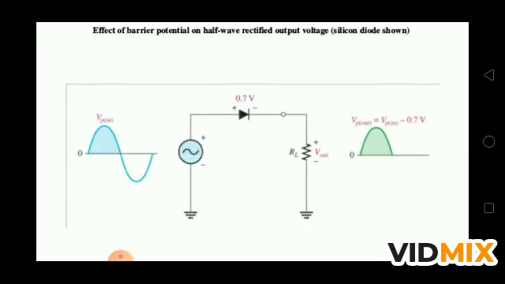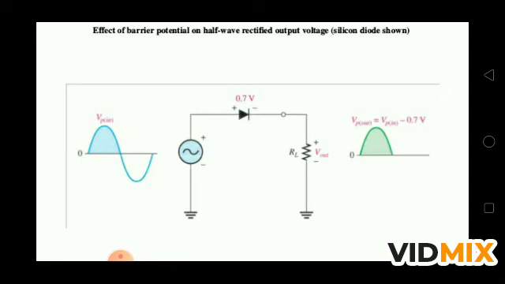So what happened in this half wave rectifier? If you see this input voltage, there are two peaks, one is positive and one is negative. So when there is the positive half cycle of the AC, a current flows through the load resistor R, then we get output voltage, and there is no current in the negative half cycle, and in the next positive half cycle again we are getting the output voltage.